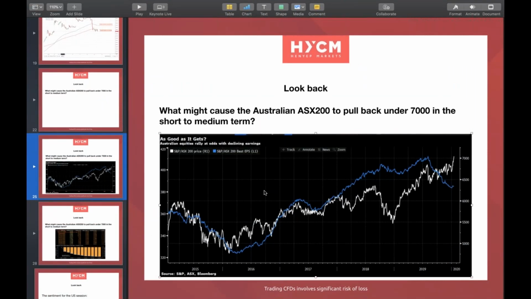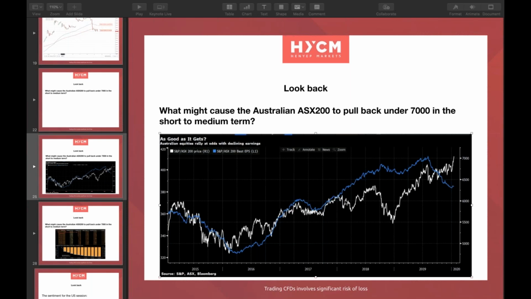If you notice, the share value tends to track the earnings per share. So just have a look at that, and can you see how the white line tracks the blue line? Now this is the earnings per share, the blue line.